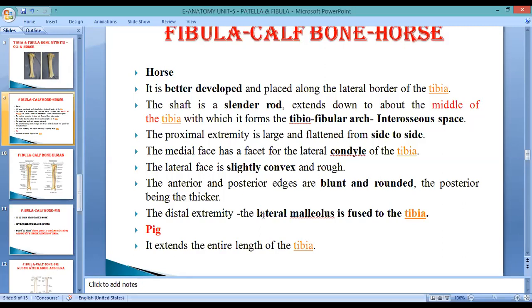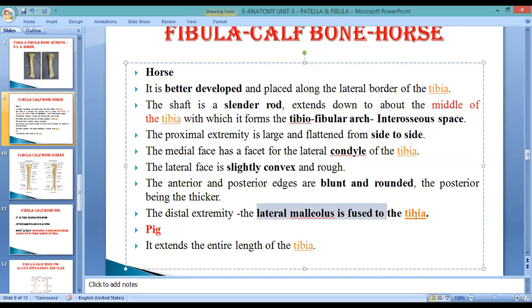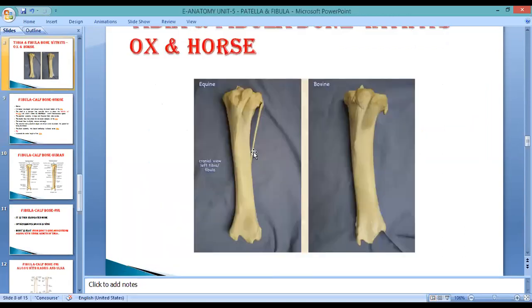Distal extremity. The distal extremity is fused with the tibia. So you see here, this is the distal extremity. There are two malleoli: this is the medial side, the medial malleolus, and this is the lateral side.